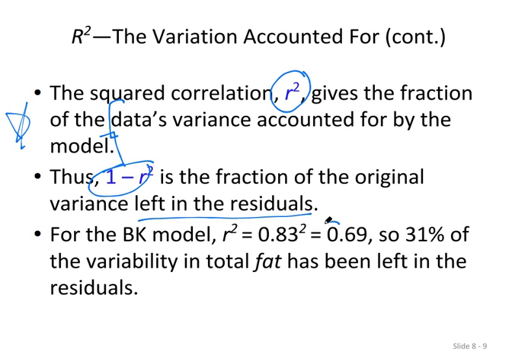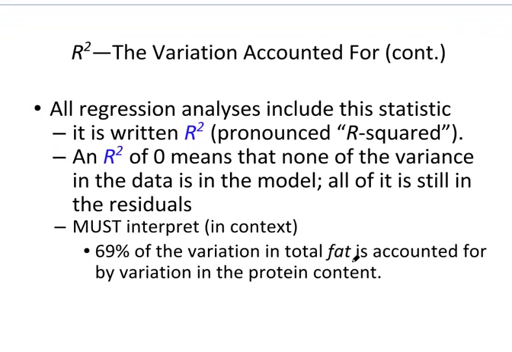We square that, we get 0.69. So we would say that 0.69 of the variance is accounted for by the model. We subtract that from 1 and we get 31% has been left in the residuals. Okay, so I have a couple more examples of this as well.